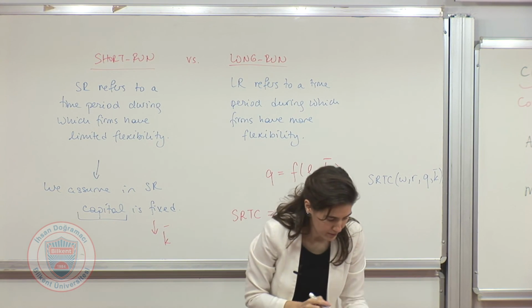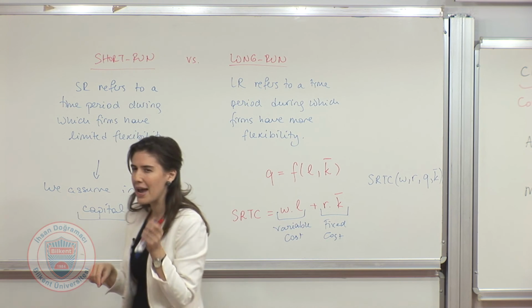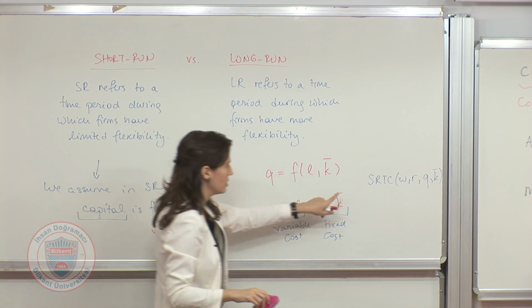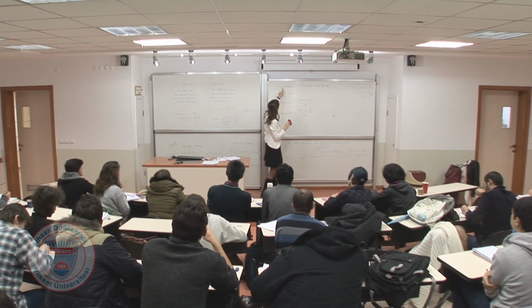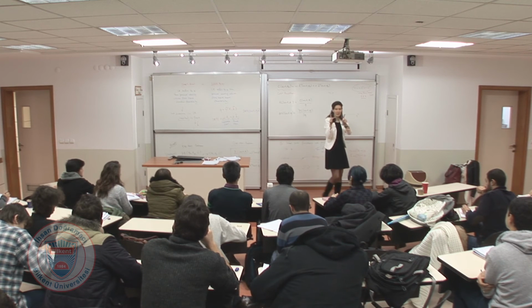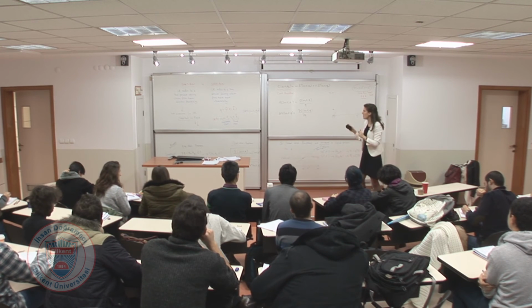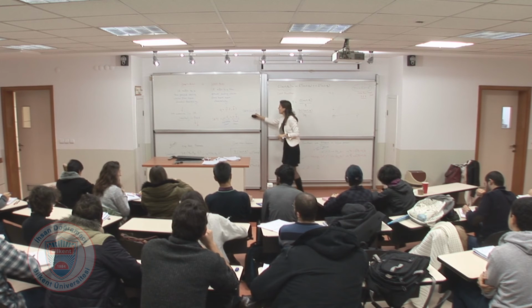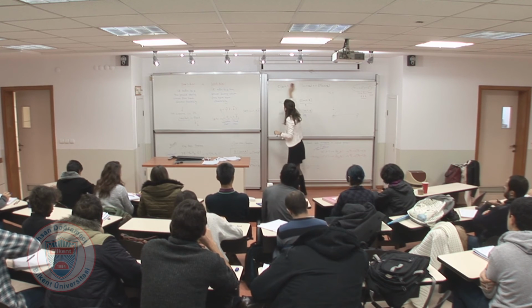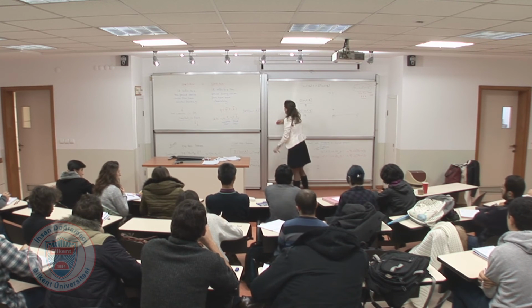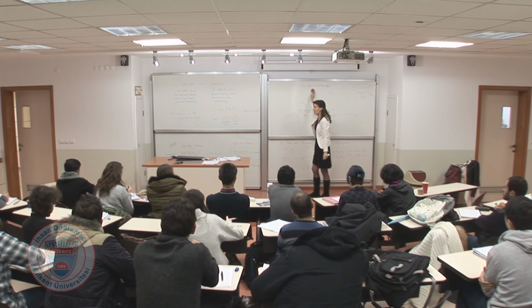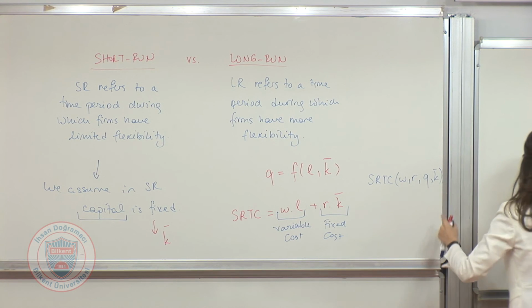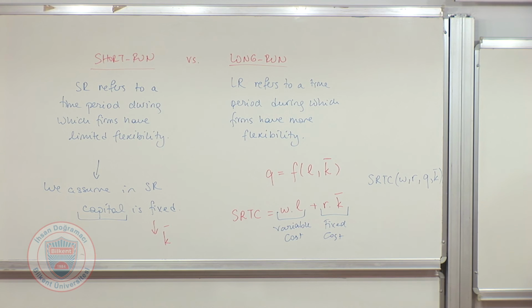Now, when I have the short run total cost, remember the long run one was the minimal cost to produce that quantity. Suppose I give you this short run total cost function. Do you think it's going to be the minimal cost to produce that quantity?